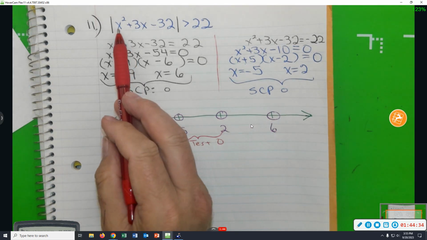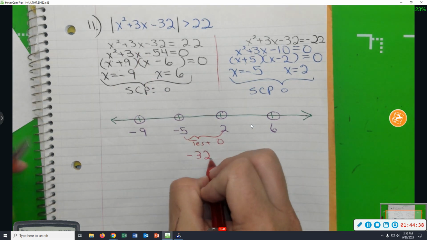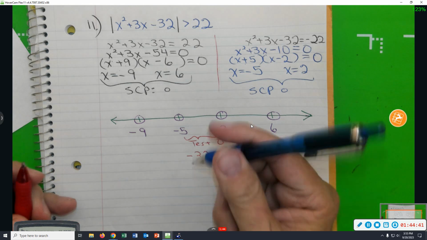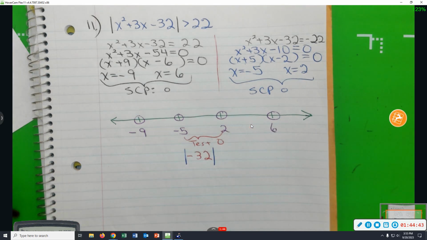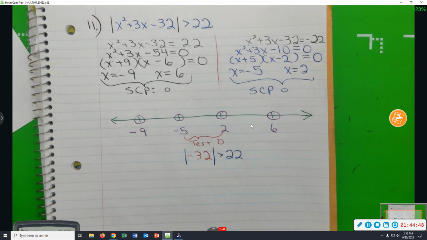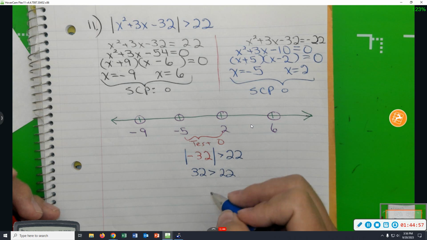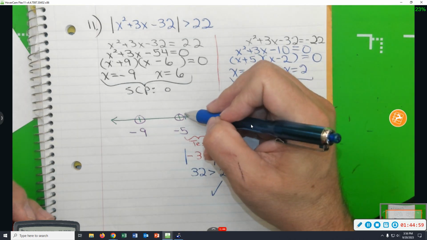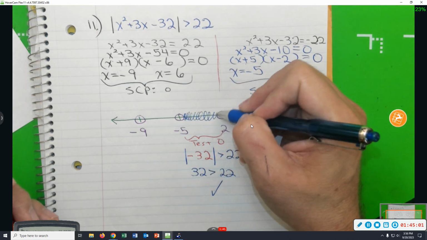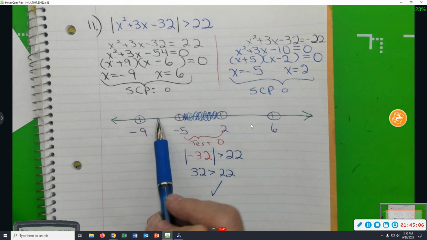That's going to be 0 plus 0 minus 32. Don't forget the absolute values. The absolute value, is that greater than 22? True or false? True. The absolute value of negative 32 is a positive 32. Is that bigger than 22? Yes, it is. So shade here.